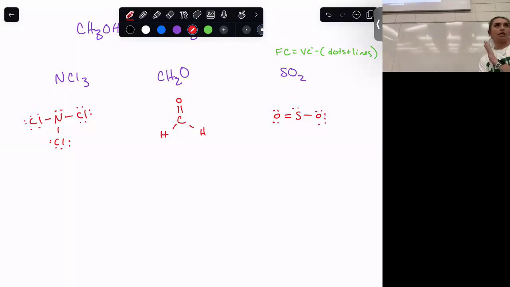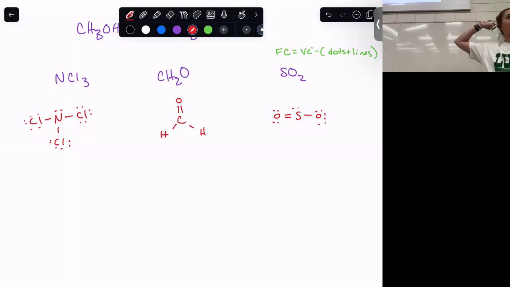CH2O will always look like that structure. It's a ketone. And then sulfur, SO2, that one you just kind of have to do over and again. I usually have to draw all of that one or do all the steps to get that one. That one's just not as common.